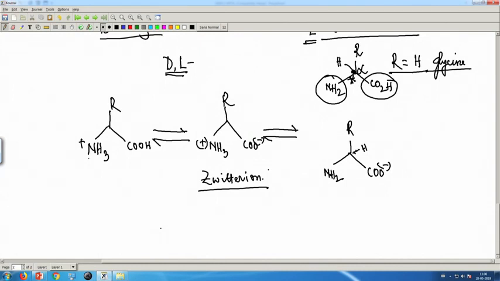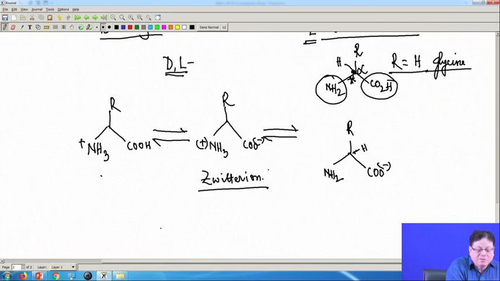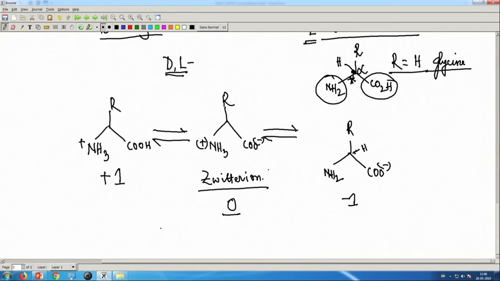In the protonated form the total charge of the system is +1, here the total charge is 0, and here the total charge is -1. So it fluctuates from +1 to -1, but goes via a zwitterion which has no net charge. This is the situation in an amino acid if you start titrating it from pH 1.